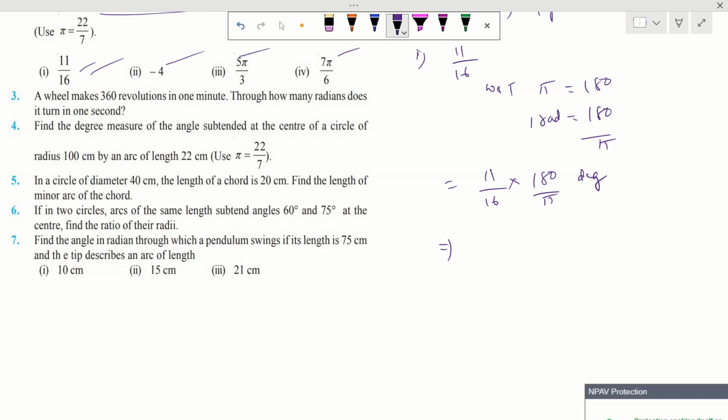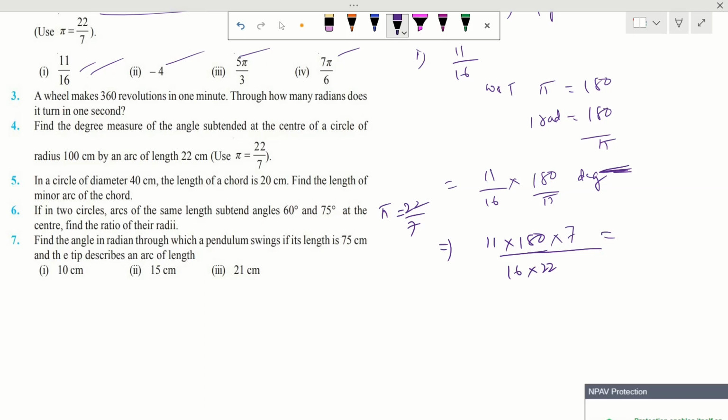Now multiply these two. When converting to degree form, the value of pi is 22 by 7. Then it is 11 times 180, over 16 times 22, and 7 comes up to the top.